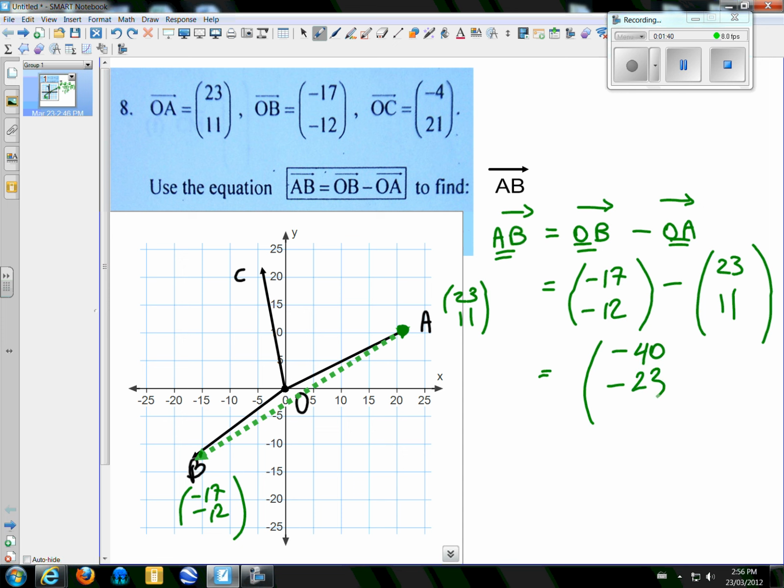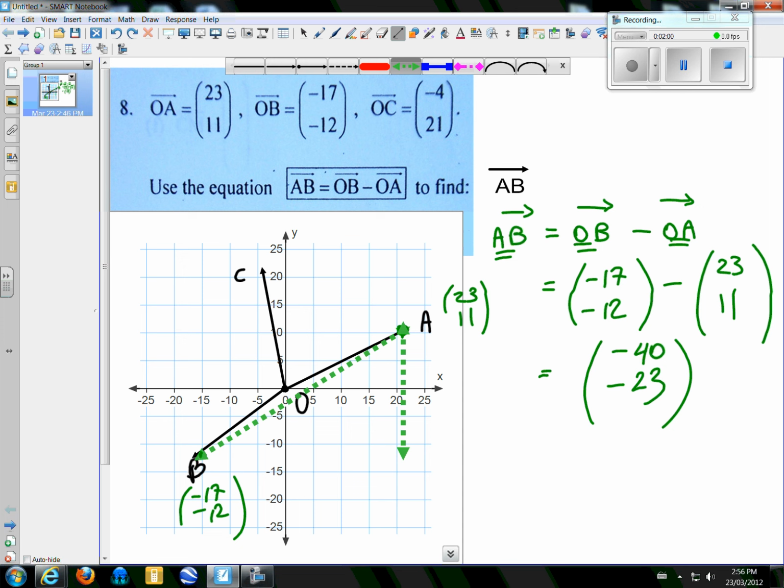Now let's just check that visually to see if that's indeed what it's supposed to be. If I start here at A, get my green pen out, and go down 40 to here, so that's 23 to negative 17, that indeed is down 40.